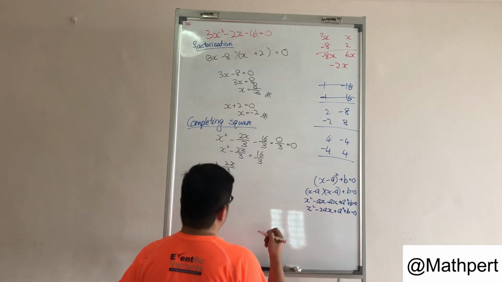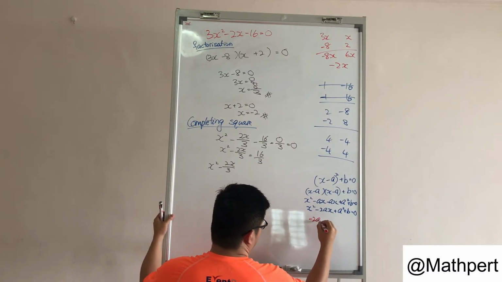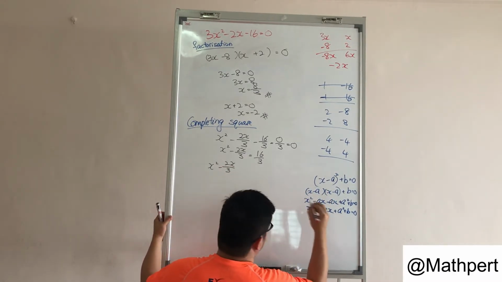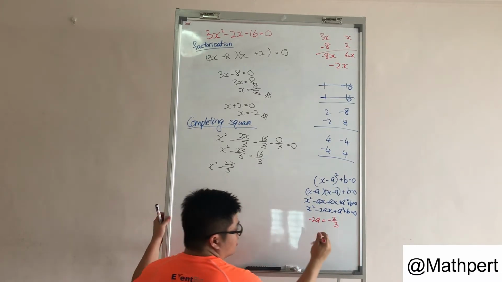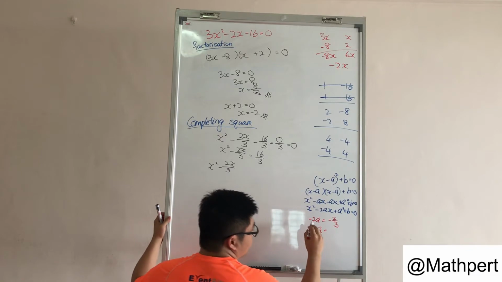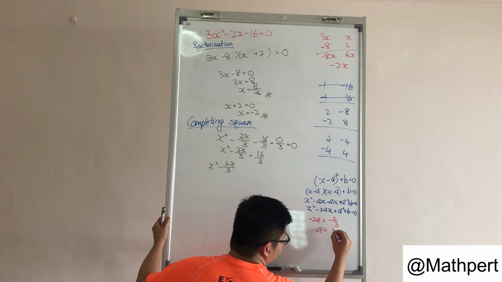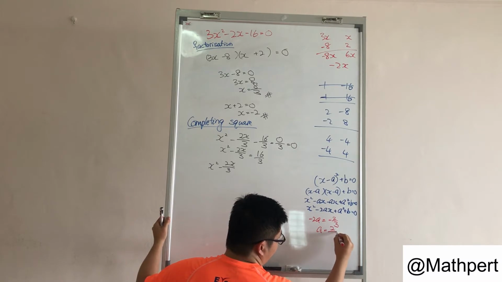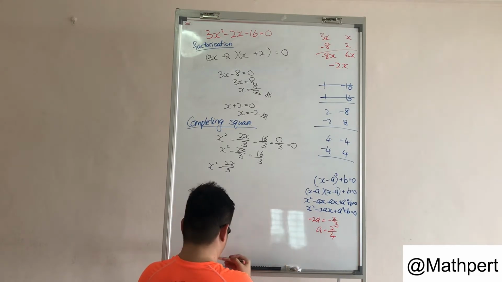So negative 2a, x and x are the same, so we ignore it, we are just using the comparing method. So negative 2 over 3 over here. So a will be, move the 2 over here, negative and negative cancel out, and we will have 2 over 4. Alright, a is equal to 2 over 4.